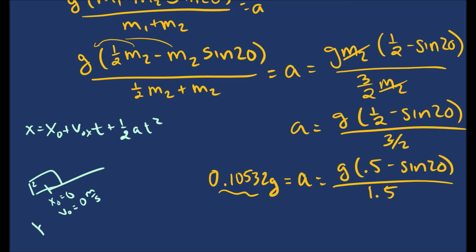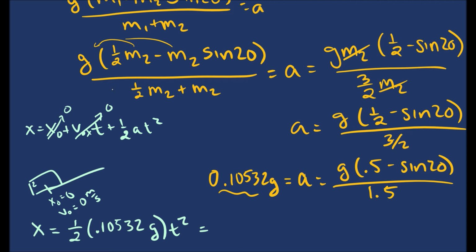So x equals 1/2 times our acceleration, 0.10532 g, times t squared. If we multiply 1/2 times 0.10532 g, we get 0.516 t squared, equals x.